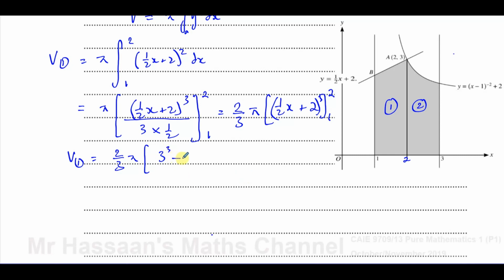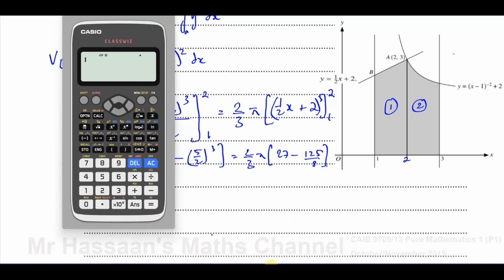So that's 3 cubed minus, and 2 times 1 times a half is a half. A half plus 2 is 2.5, which is 5 over 2. So that's 5 over 2 cubed. Okay, so that gives me 2/3 pi times 27 minus 125 over 8.